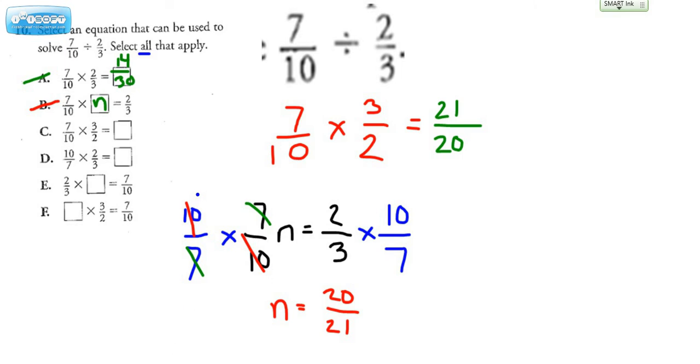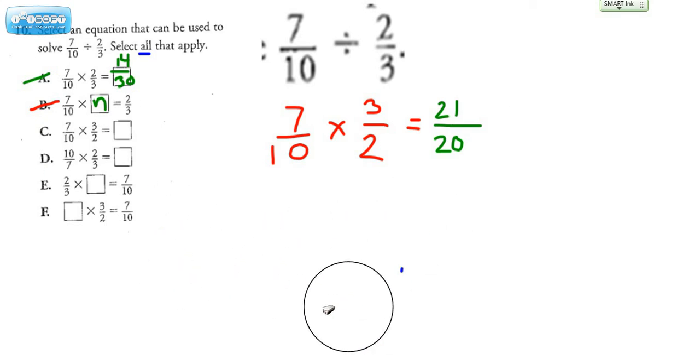Now let's take a look at choice. I think I want to skip ahead because I think you'll be okay figuring out if C and D actually equals 21/20. So let's take a look at how you might use algebra on choice E to either pick it or eliminate it. So if we use algebra for this, we're looking at 2/3 times some number equals 7/10.